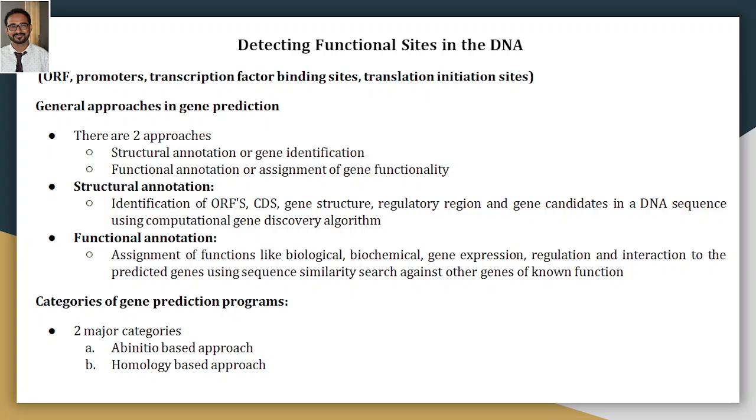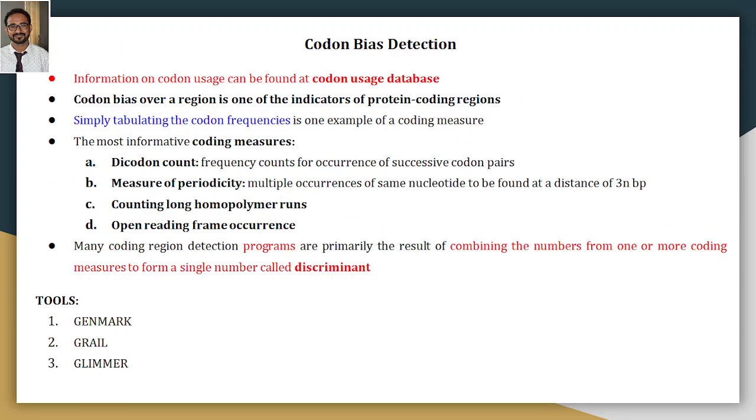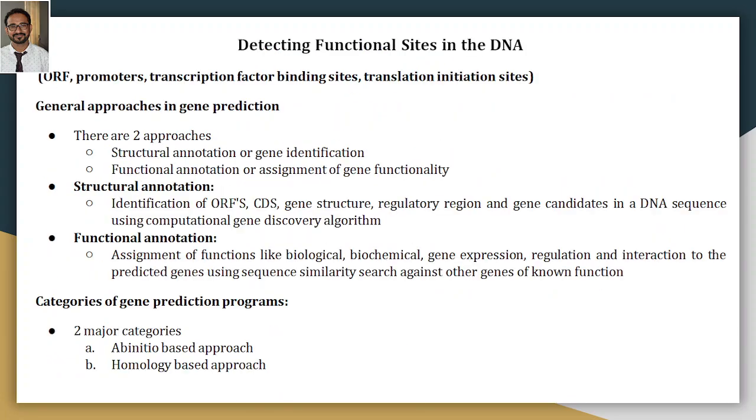Another one is molecular modeling, the 3D modeling stuff. And one more section is detection of functional sites with different bioinformatic tools, that we will discuss. Majorly three topics, and under these there are again subtopics that we will discuss.